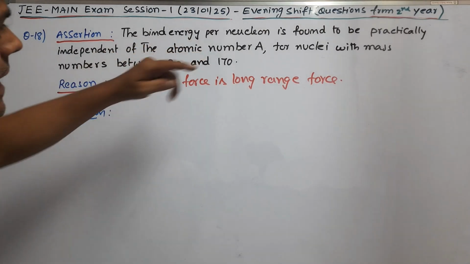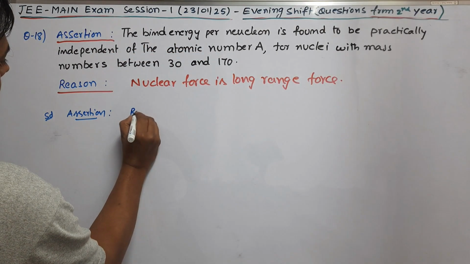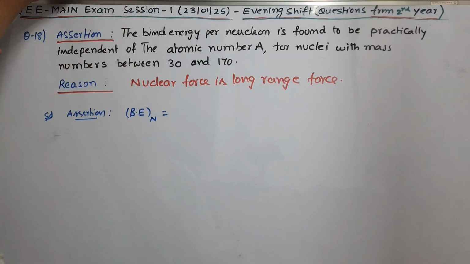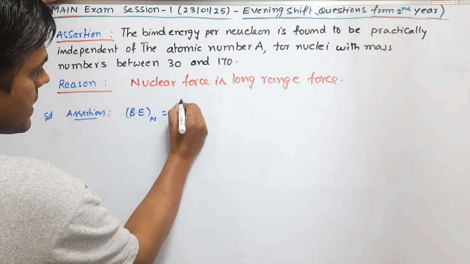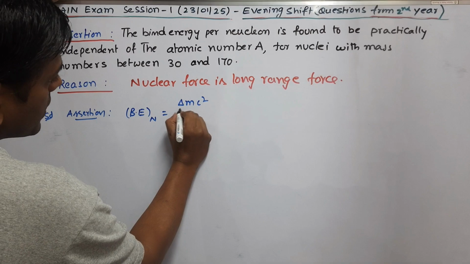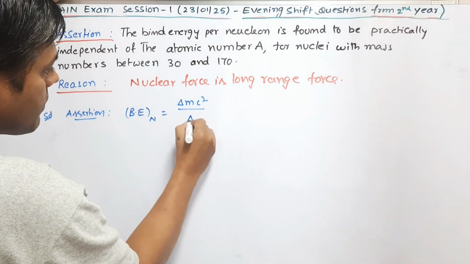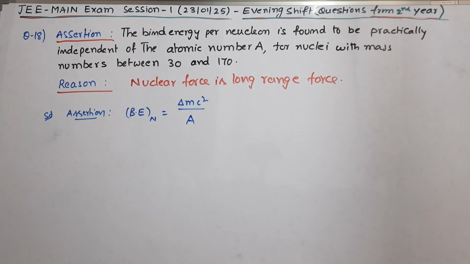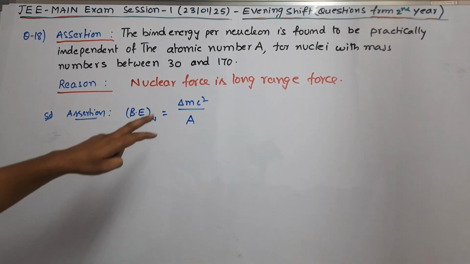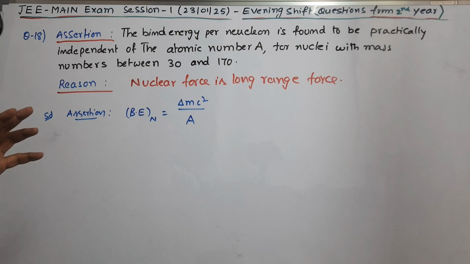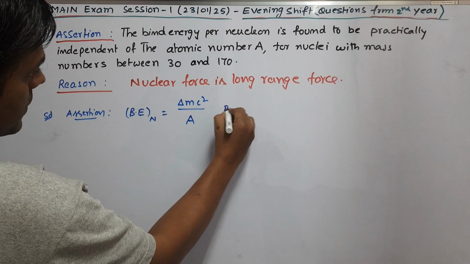Binding energy per nucleon is nothing but delta m c square divided by the total mass number A, since nucleons number A. The value of binding energy per nucleon is nothing but a packing fraction.